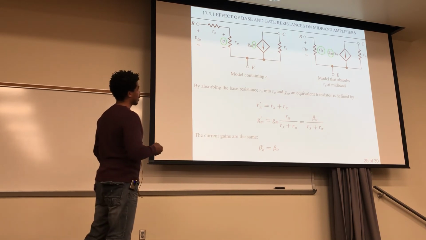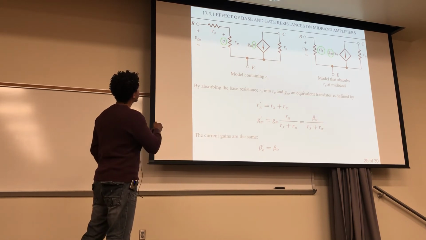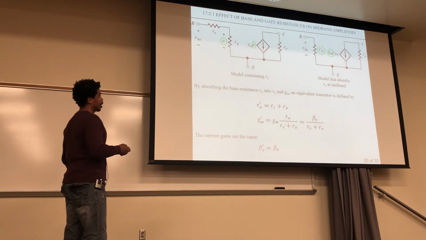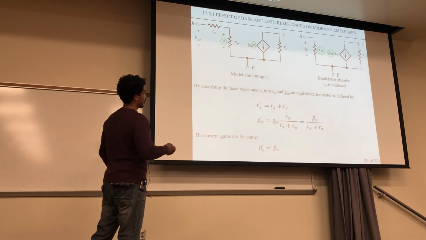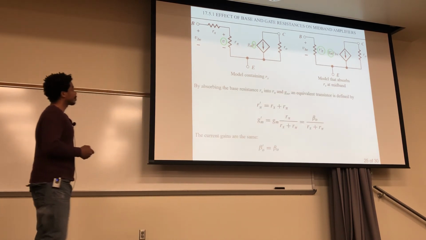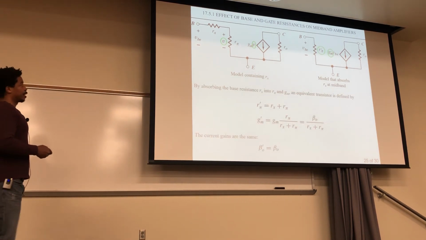And for the gm prime, it's just this expression, which we got from there. Now, the current gains between these two models, this one and the one where we absorb the base resistance, are going to be the same, of course.